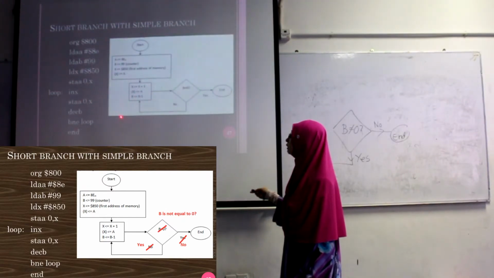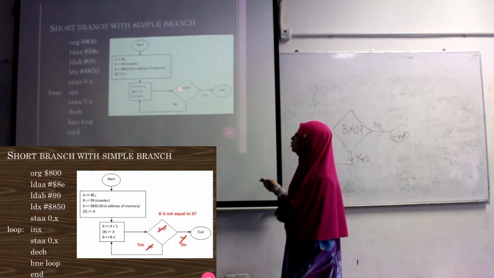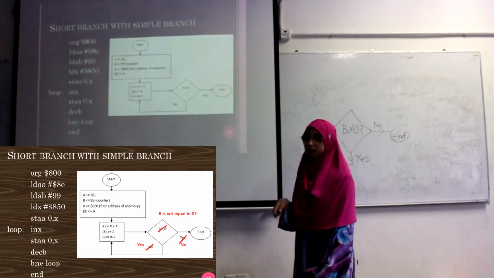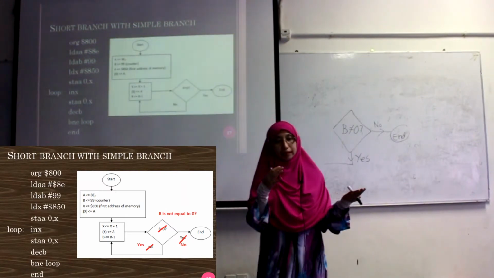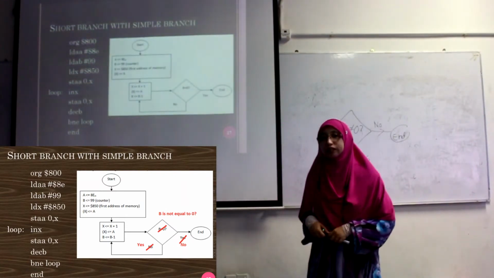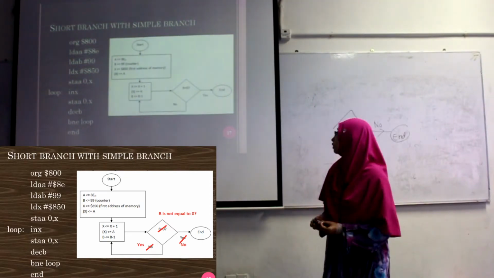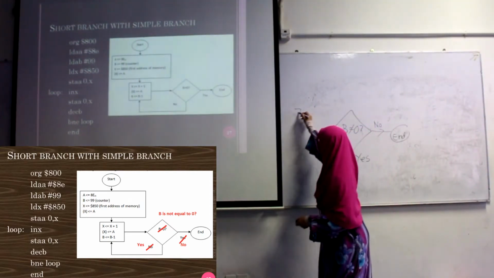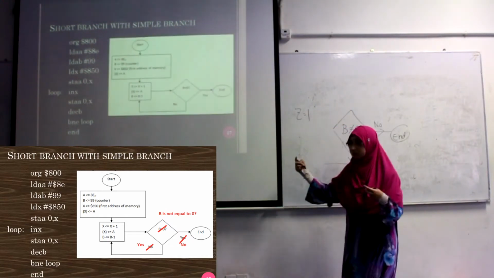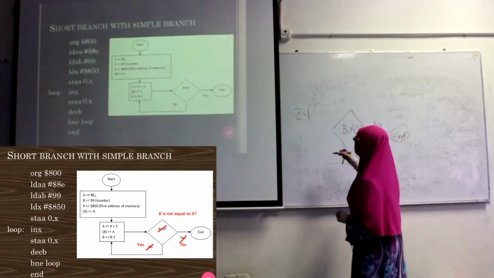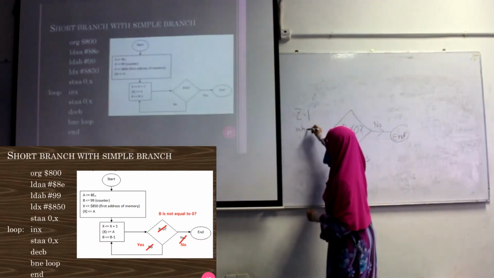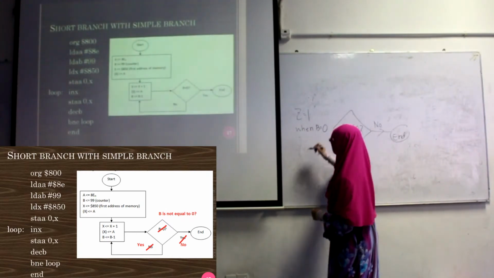And then this one is decrease B. How do you choose the suitable branch instruction? When the instruction needs to compare whether there is a value or no value, you have to use the zero flag. Remember, when Z equals 1, it means yes, the operation result is 0, which is when B equals 0.